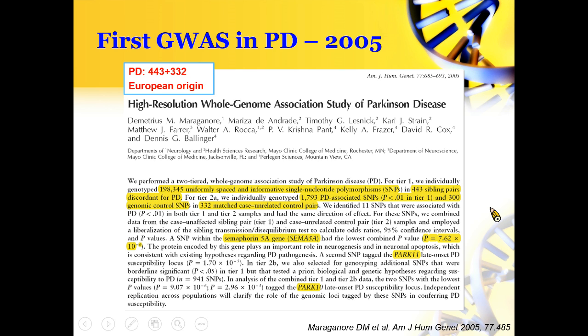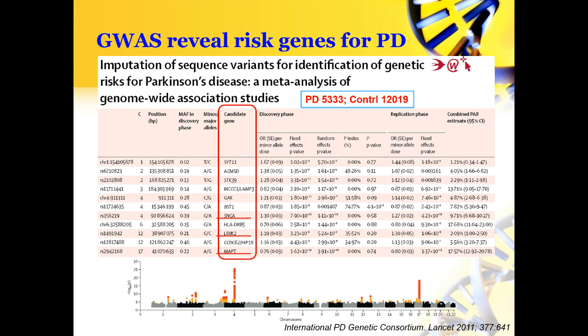The first GWAS in Parkinson's disease was published in 2005. Some susceptibility loci were found. The meta-analysis of GWAS of more than 5,000 PD patients and 12,000 controls revealed that several sequence variants may contribute to the risk for PD.